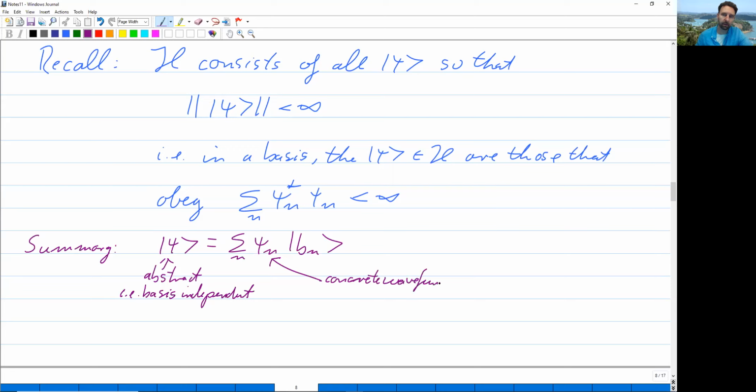The wave function is basis dependent, because in every basis it will be a different wave function.